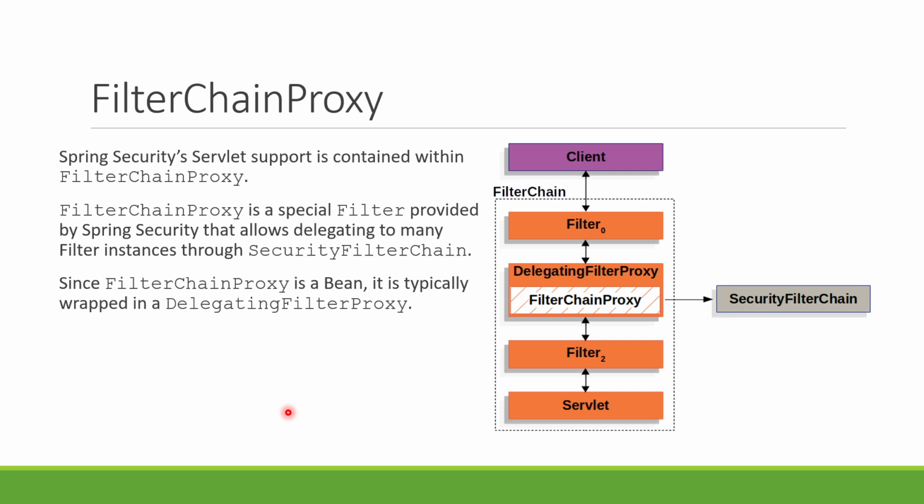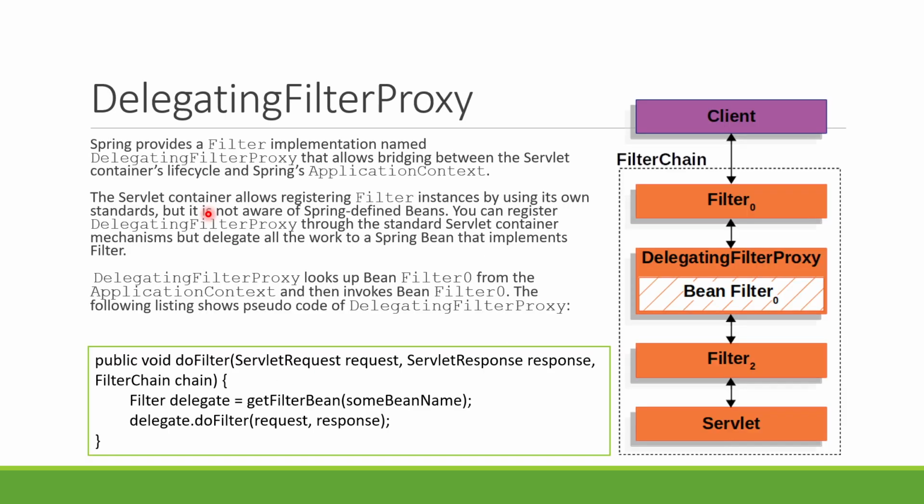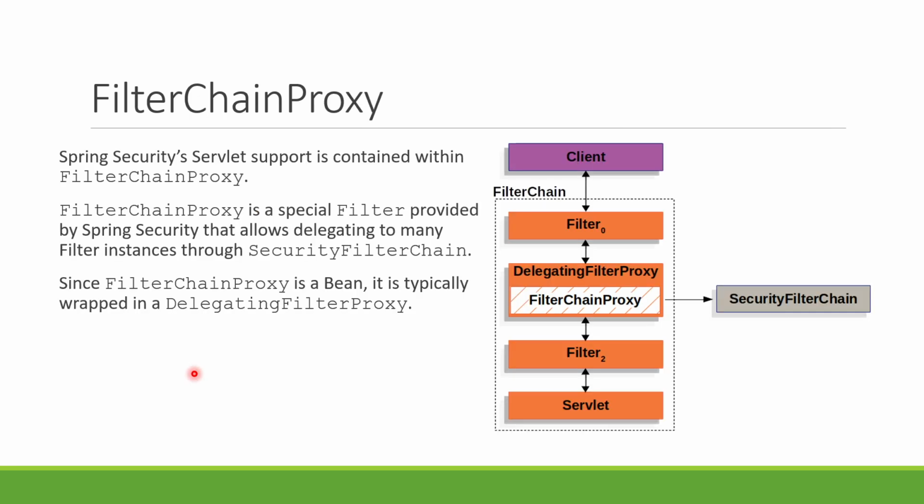For this bean filter 0, which is this filter here, it's not only one filter. Instead it's going to be a chain. Spring Security's servlet support is contained within FilterChainProxy, which is this one.